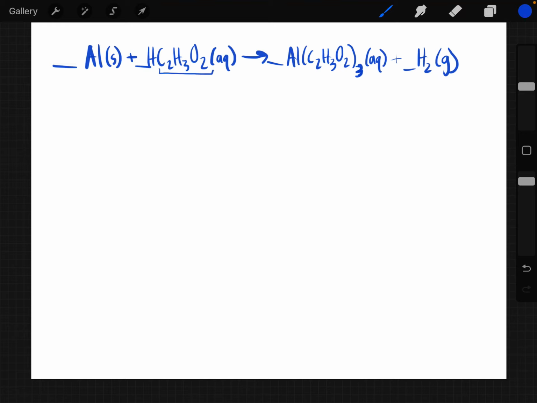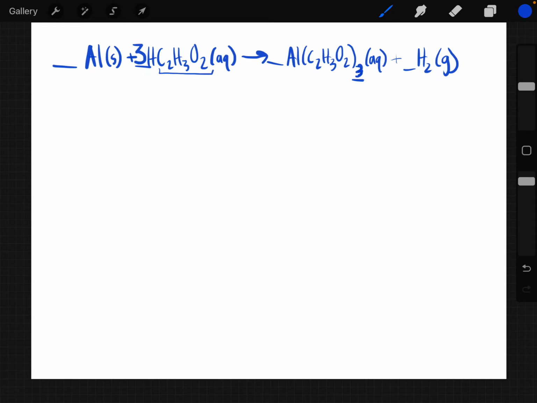Guys, acetate is C2H3O2. But I have 3 acetates on the right side. So I'm going to multiply this acetic acid by 3 so that acetate has 3 on both sides. I'll go back and double check my aluminum. My aluminum is still happy. Now my acetate's happy.